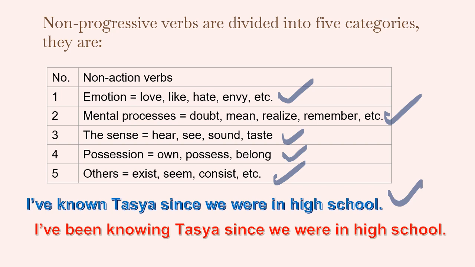The second one is incorrect. Remember, know is a non-progressive verb or stative verb. We cannot add ing after the stative verb because it describes a state, not an action.